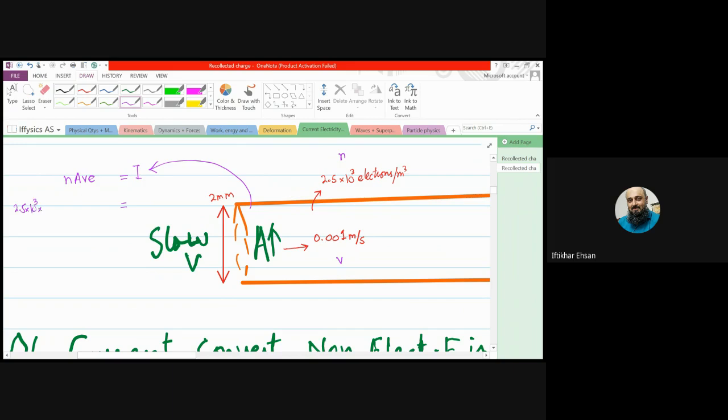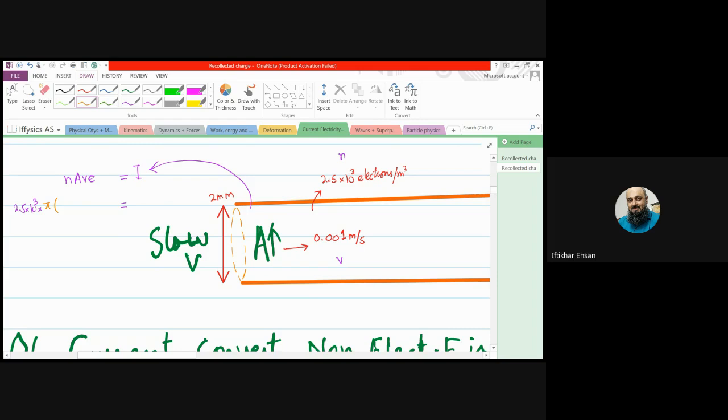What is area? The area is the area of cross section, right? We are given the diameter. This is the diameter, 2 millimeter. So area is pi into radius squared.